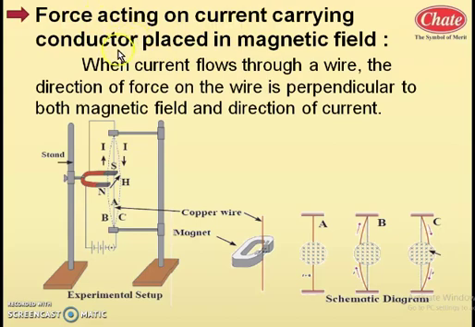This we are going to study by means of this activity, the force acting on a current carrying conductor placed in a magnetic field. When current flows through a wire, the direction of force on the wire is perpendicular to both the magnetic field and the direction of current.